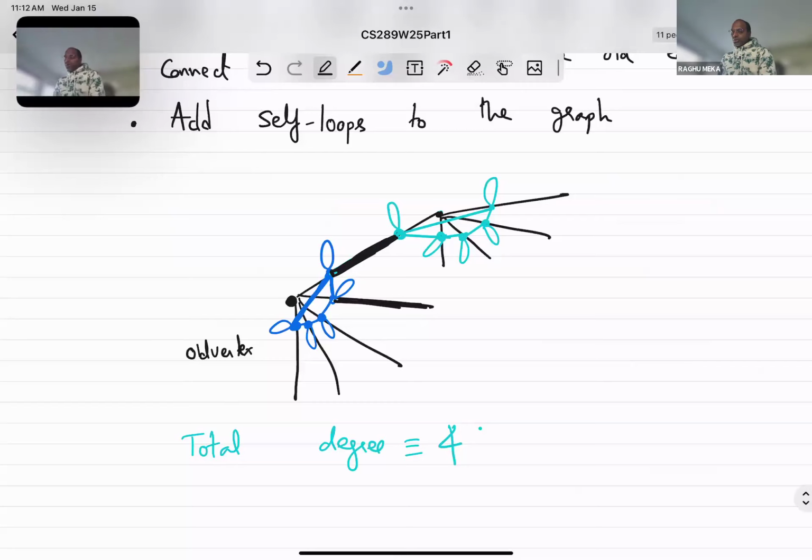There's a question, how did you get total degree 4? Well, when I create this cycle, I'm going to get degree 2. Okay. And every vertex here has one edge to another cycle, right? Because it was part of this original edge, the old edge.